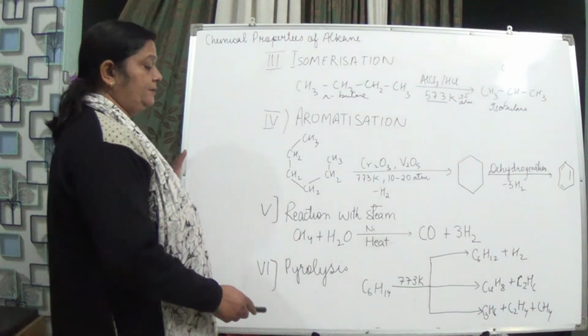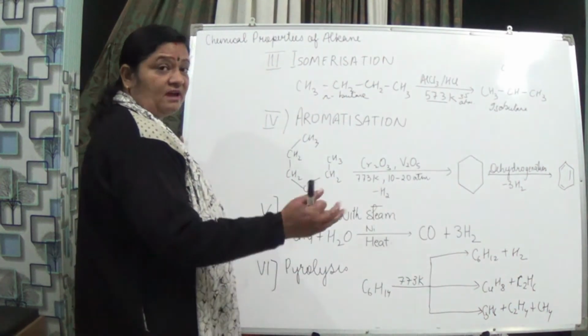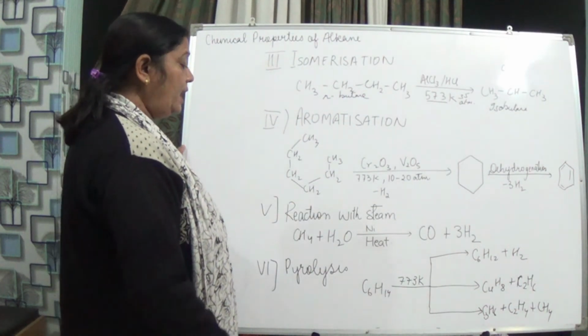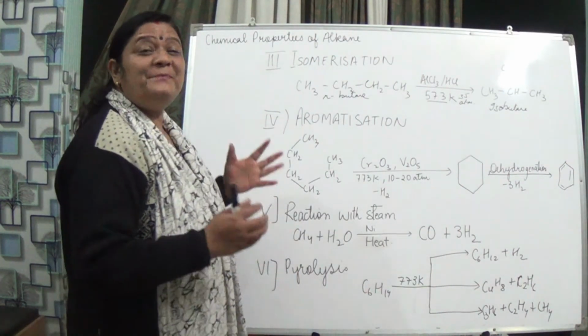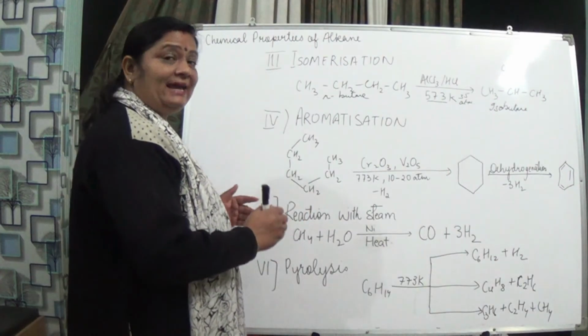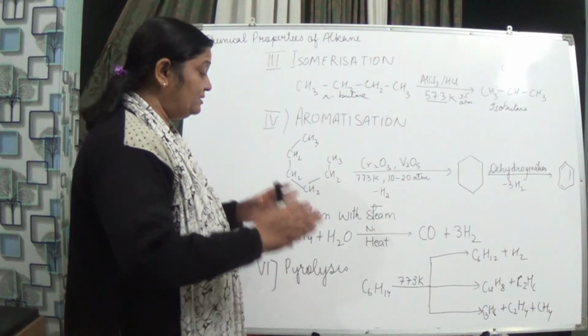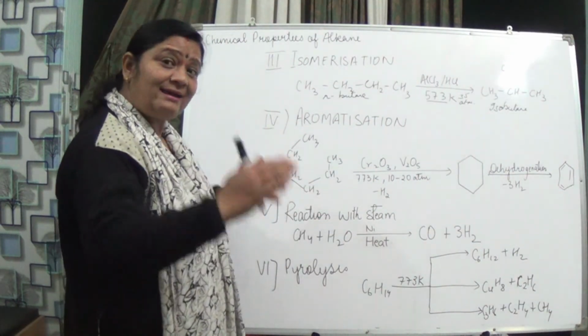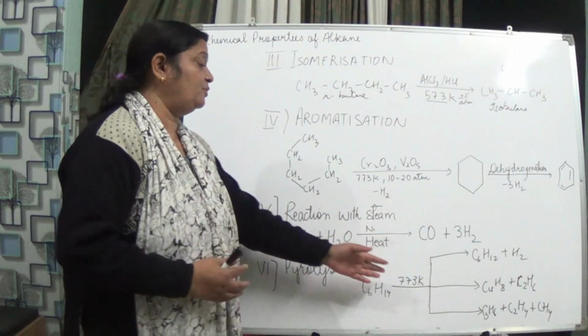In case of pyrolysis, what happens? The higher alkanes, when a high temperature of 773 Kelvin is provided, break up or crack into a mixture of alkanes and alkenes. This pyrolysis is also known as cracking, because a bigger alkane breaks up, forming different alkanes and alkenes with the temperature provided.